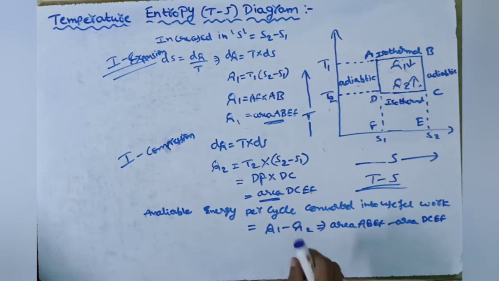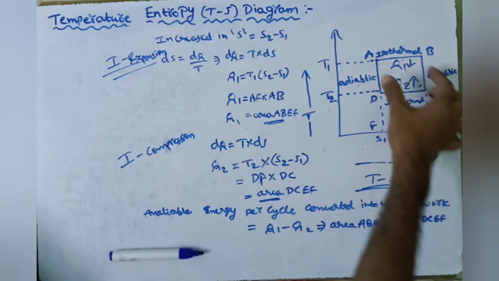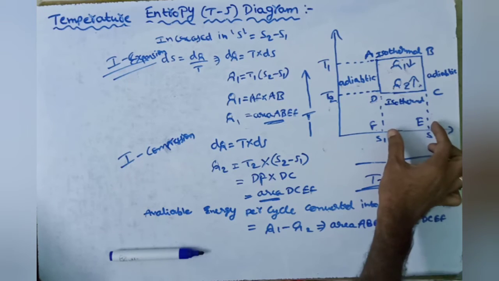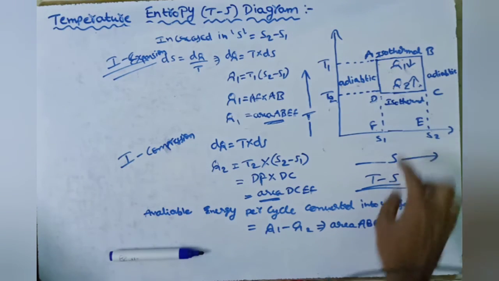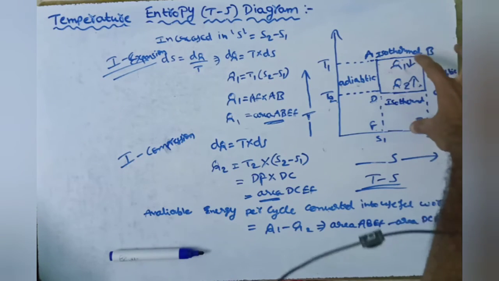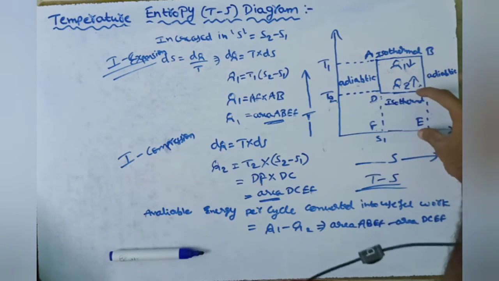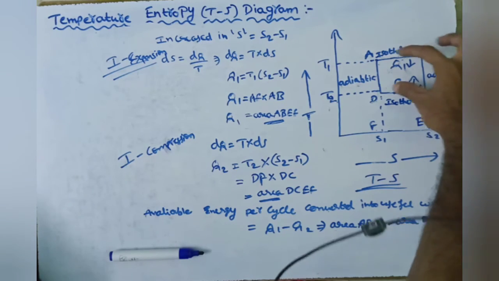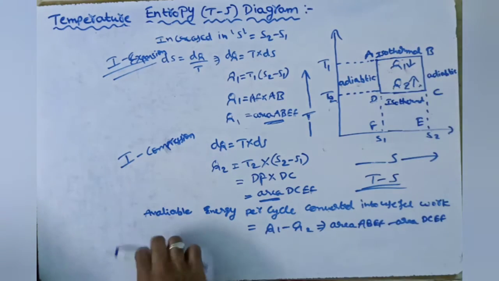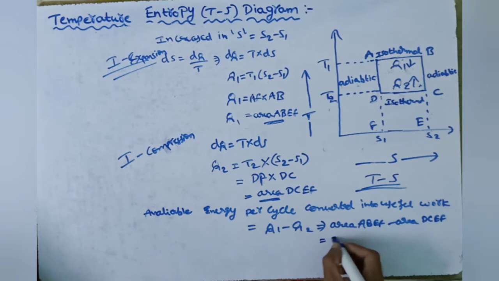In this graph, from the overall big rectangle ABEF, we are removing the small rectangle DCEF. We are removing this rectangle, and we have only ABCD. Area ABCD is left.